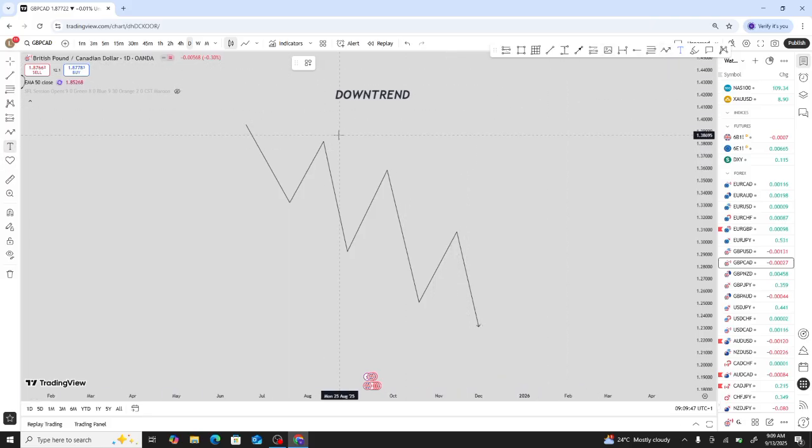Look at the text too. As you can see, this is a lower high, LH. You can see again, lower low, LL. Lower high, lower low.